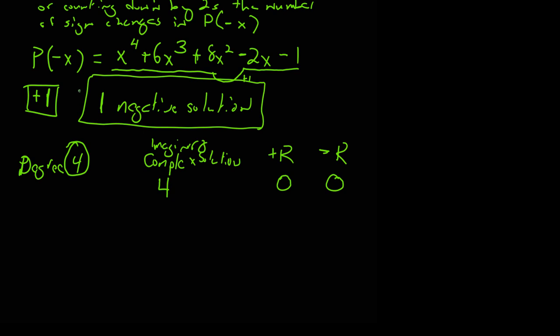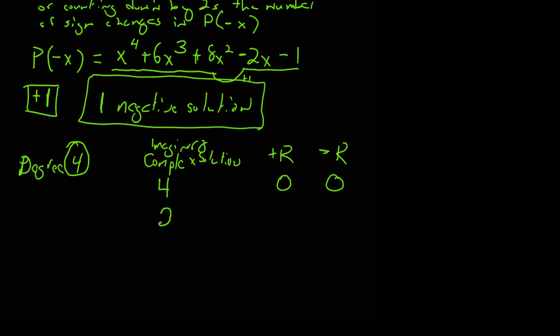Now they can be imaginary numbers or real numbers. Imaginary numbers come in pairs. And I cannot have more solutions than I have a degree for my polynomial. So if there are 4 imaginary solutions, I'm not going to have any reals.